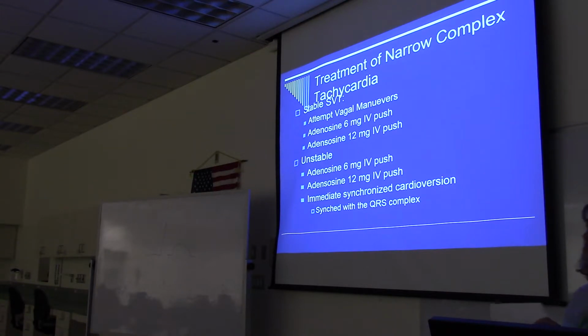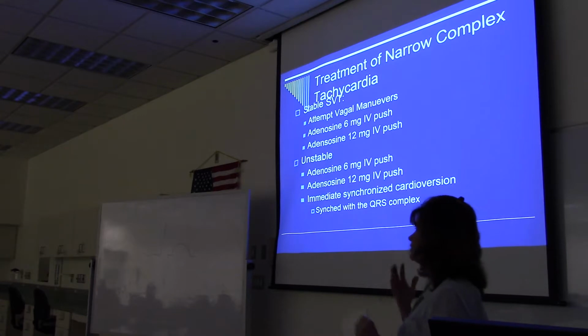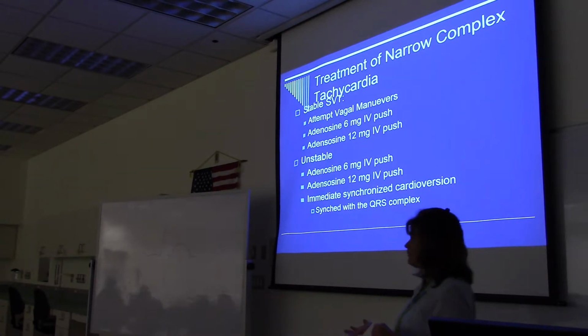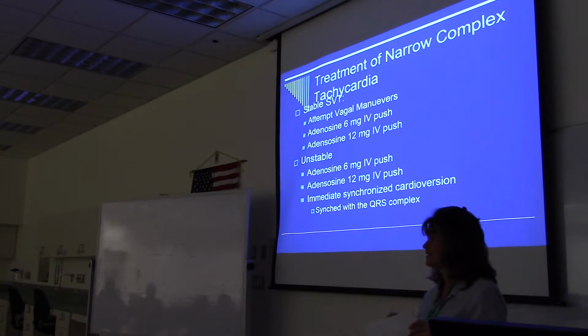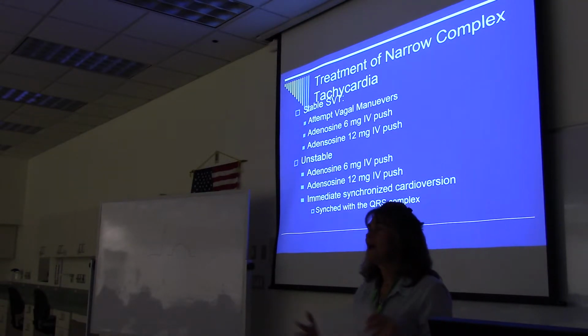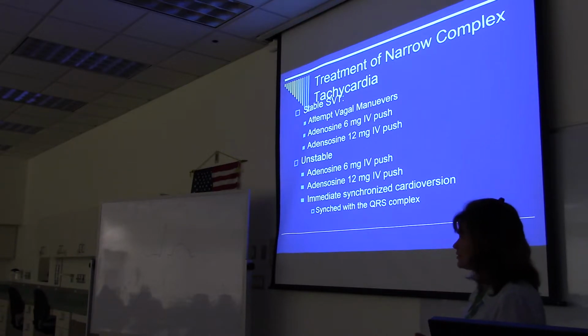Obviously the person has to be stable to give them a chance to take the beta blockers or the calcium channel blockers, and to monitor them for a few days and see if that helps. And then if the heart rate is still fast, they're going to need cardioversion. But you've got time to try to solve it with adenosine, with medications.